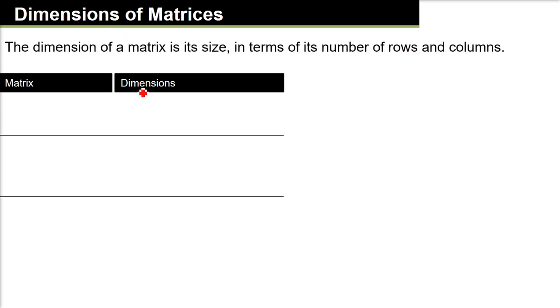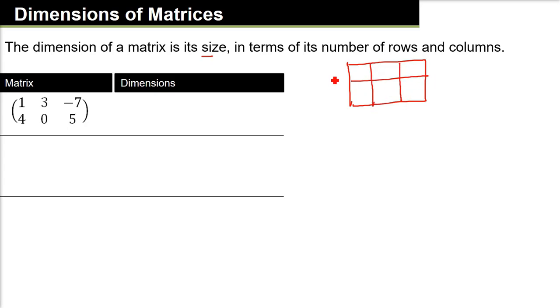When we talk about a matrix, what is the dimension of a matrix? If I say this is a matrix and I ask you what the dimension of this particular matrix is, you just have to tell the size in terms of rows and columns. Just assume this matrix to be in tabular form, with rows and columns.